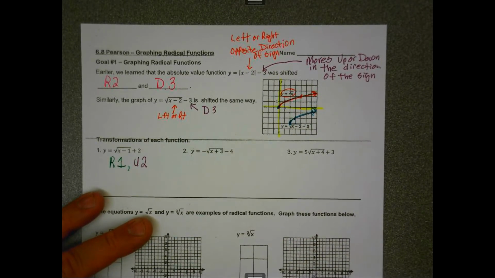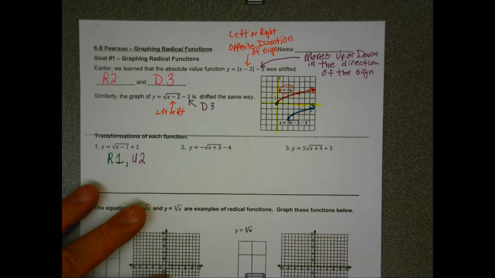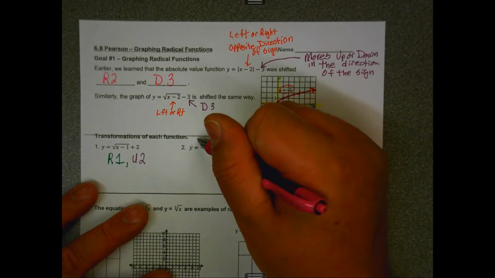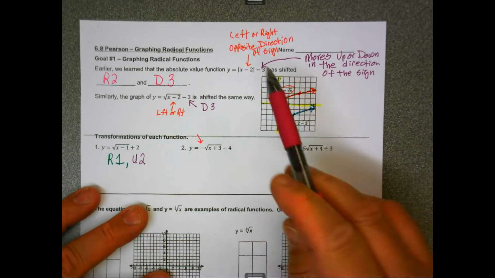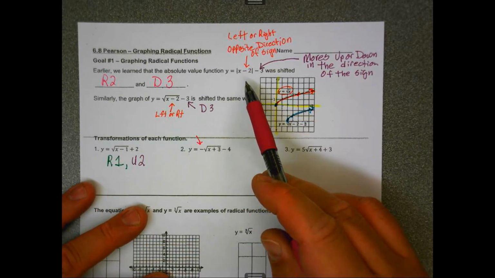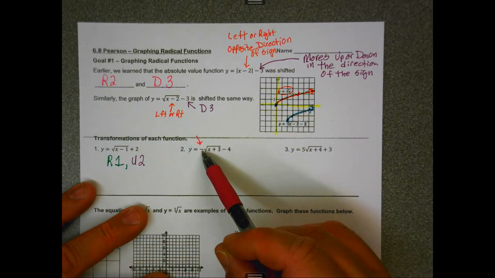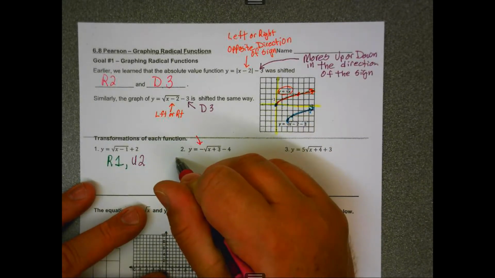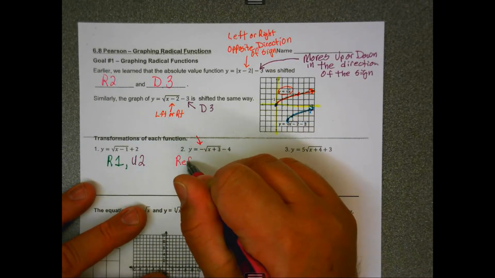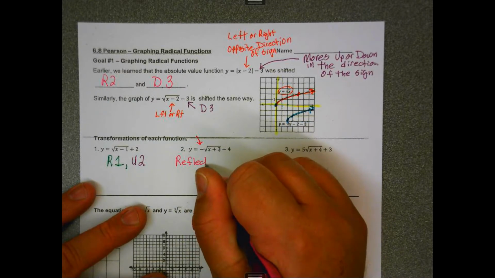Now, number 2, we have a minus sign here, and just like we did when we did the absolute value function section, the minus sign in front tells us to reflect about the x-axis.